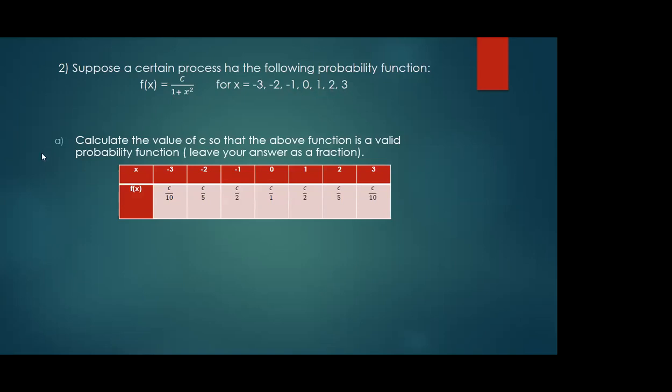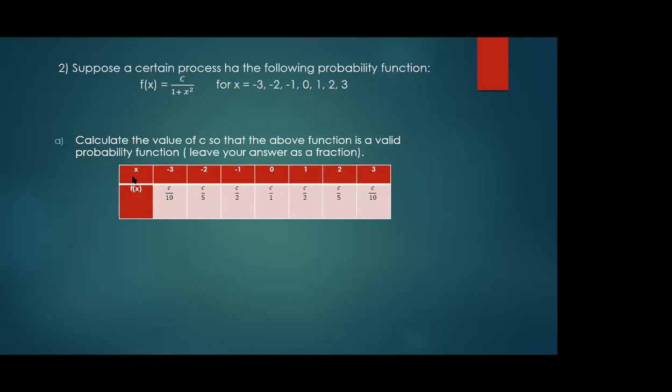It says calculate the value of c so that the above function is a valid probability function. Leave your answer as a fraction. So the first thing you guys can do is start up your probability distribution table.